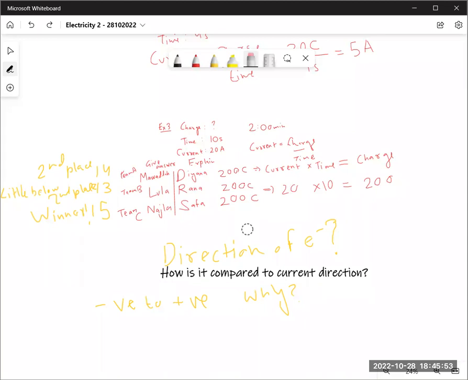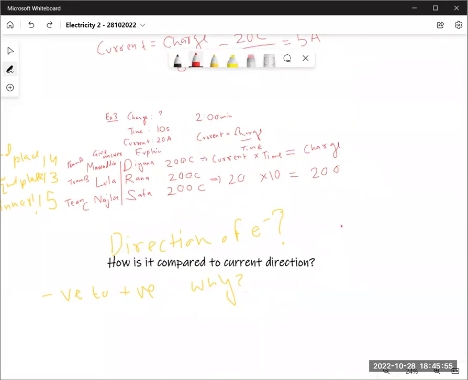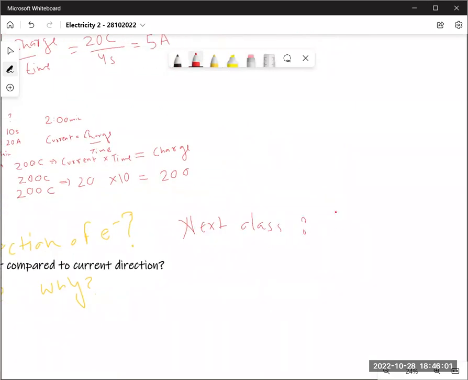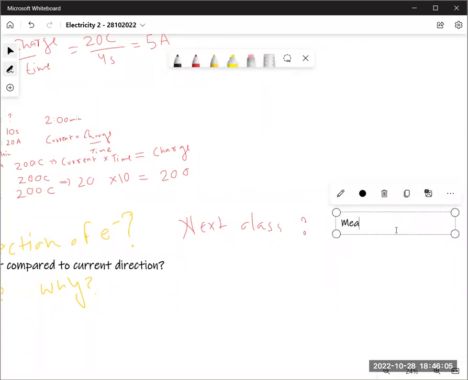Now, in the next class, we're going to learn about measurement of current and voltage and resistance.